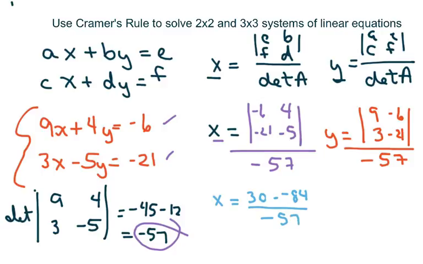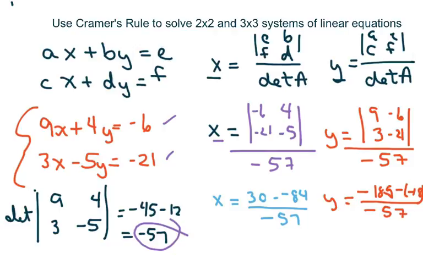And for my y, I'm going to get negative 189 minus a negative 18, all over negative 57.